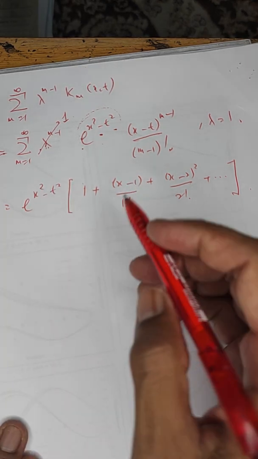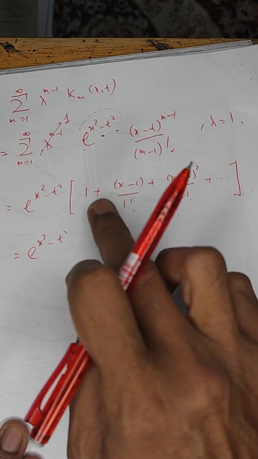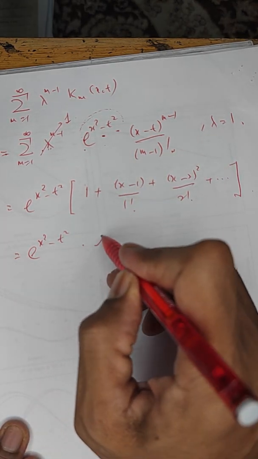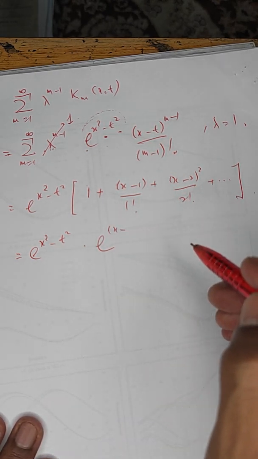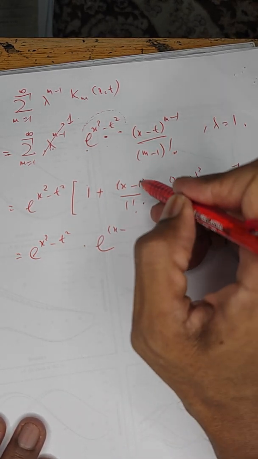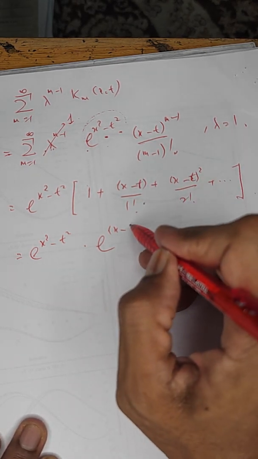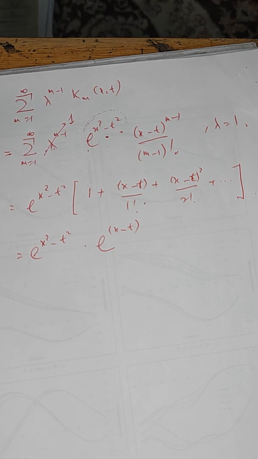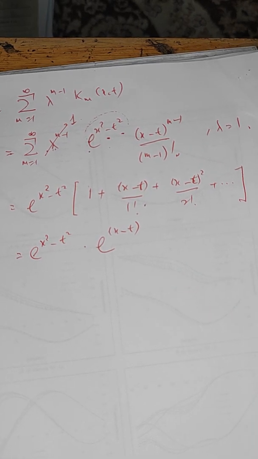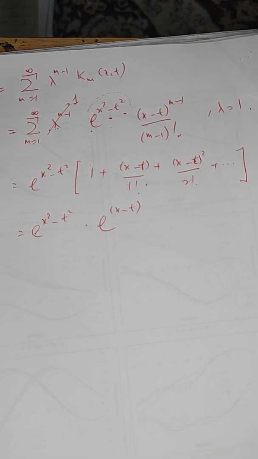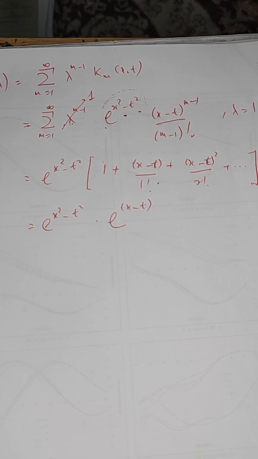You have e^(x^2 - t^2) times basically the series for e^(x - t). Sorry, this is t. So therefore you can find the solution.